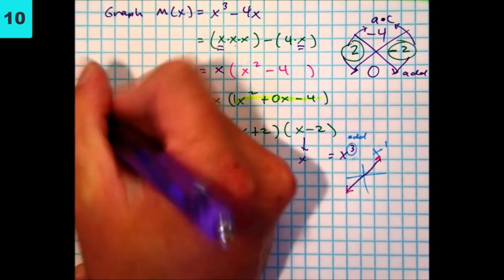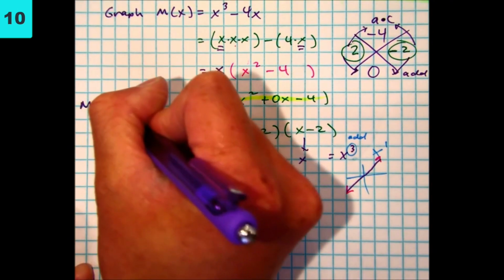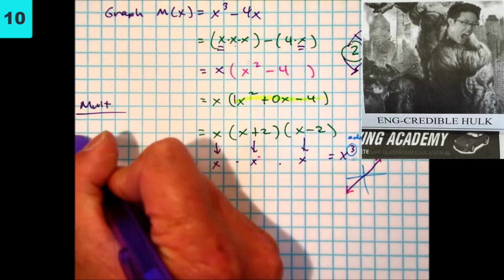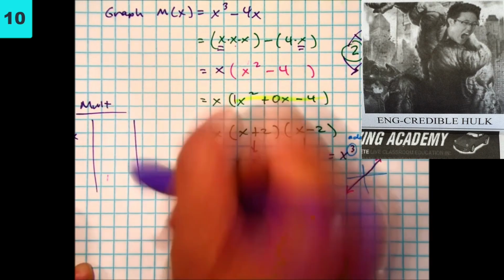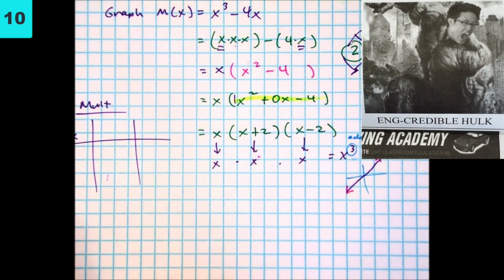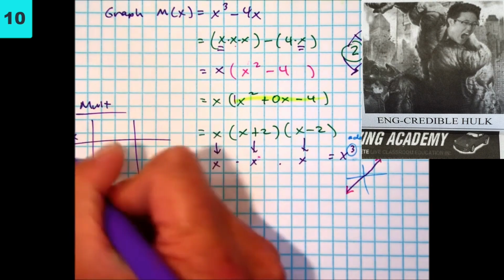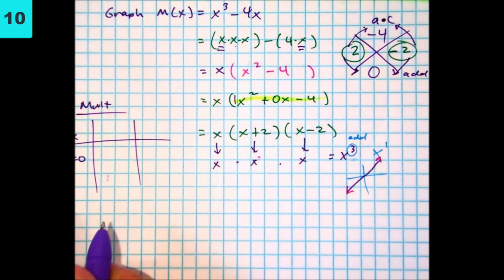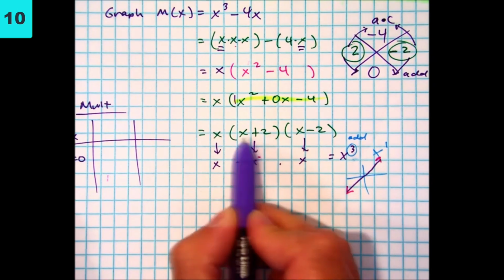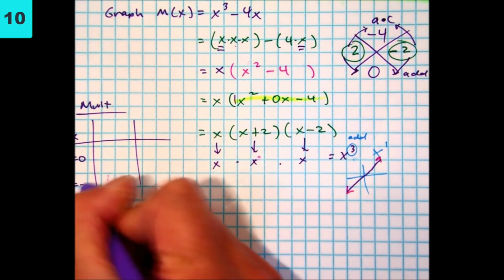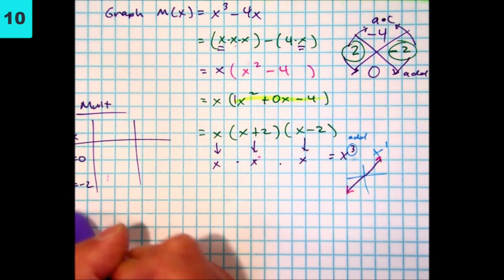Now we can just do something called multiplicity. You can use a quick chart. Helps me stay organized. Class, here, x is equal to 0, right? Zero product rule. x is equal to -2, and x is equal to +2.